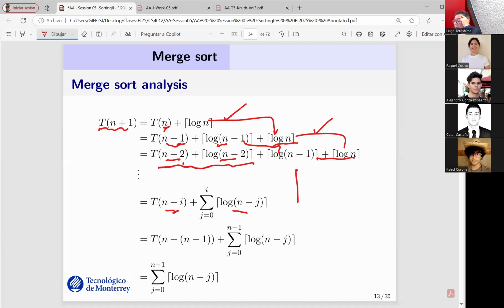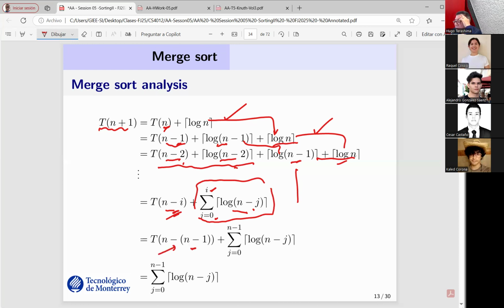When j is 0 it is n, when j is equal to 1 this is n minus 1. This is the summation of all the logs to the right, up to n minus 1 steps, because I want to get to t of 1.